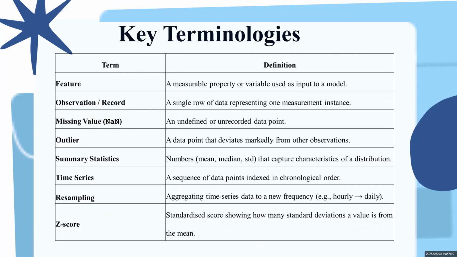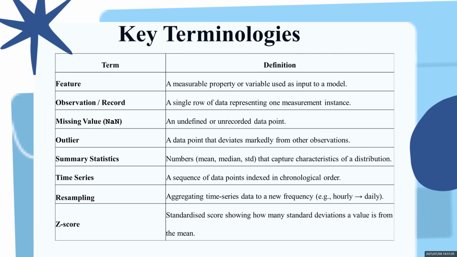And next, you must have heard, or maybe this is your first time hearing, observation or record. Consider looking at a table that contains rows and columns. If you pick a row, that tells you an observation or record. For instance, if it's a medical data set, that row, for example a patient, tells you the medical health of each patient.